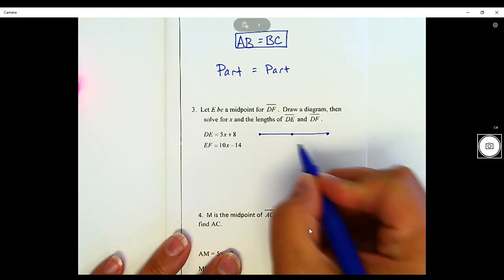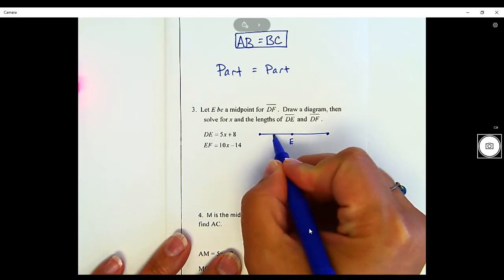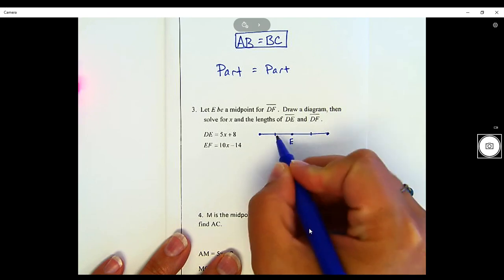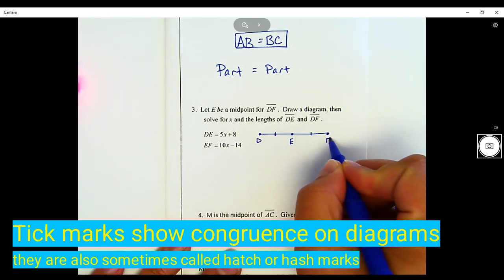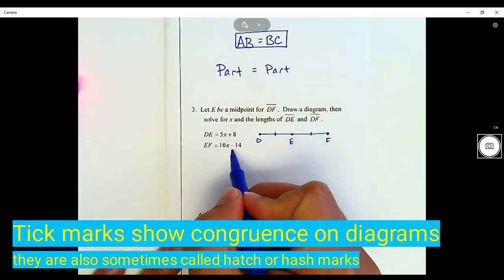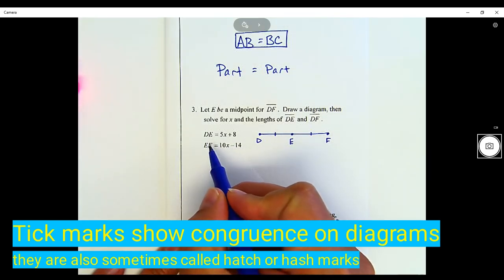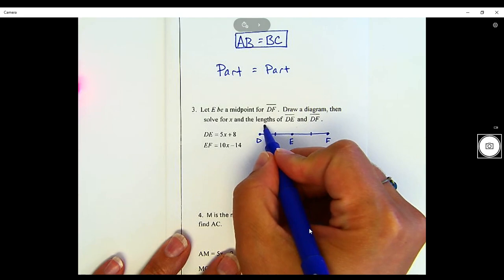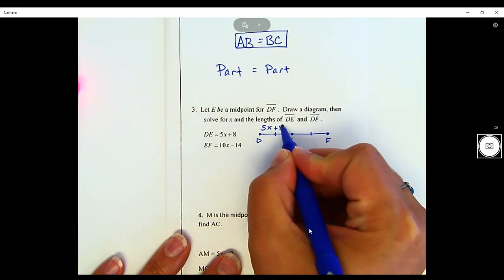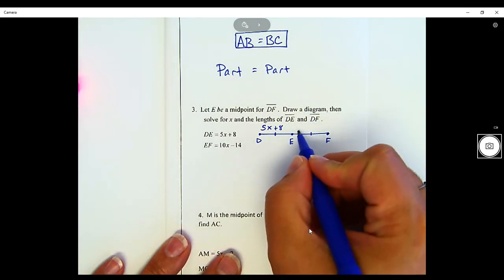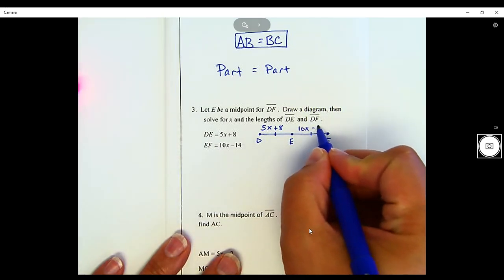So I already know that in the very middle I have E, and I can mark my segments congruent because I know that E is a midpoint. D and F are those endpoints. And then they gave me some information here. They gave me that DE is the length of 5x plus 8, and that EF is 10x minus 14.